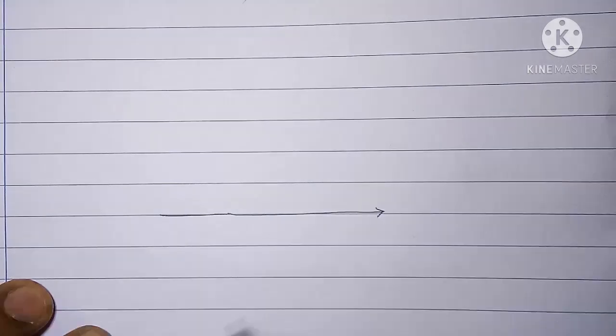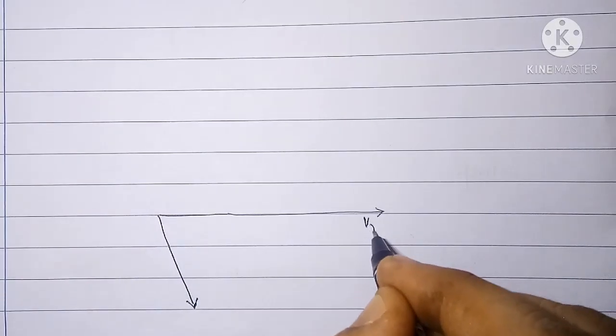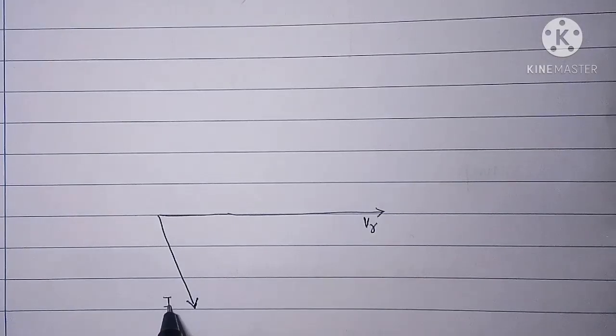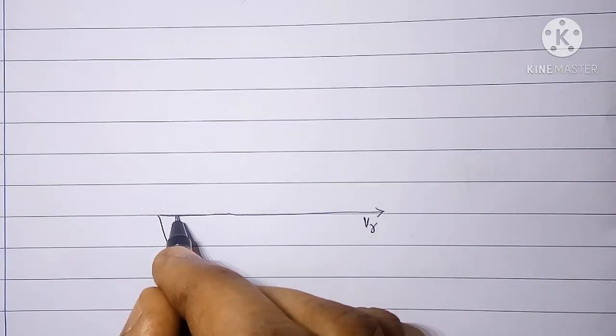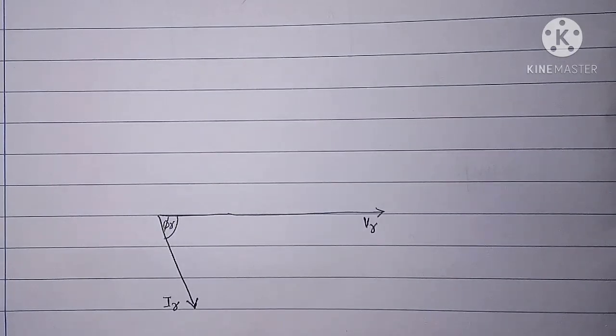Let us take VR as reference voltage, and assuming that IR lags VR by an angle of phi r, we can show IR below VR.